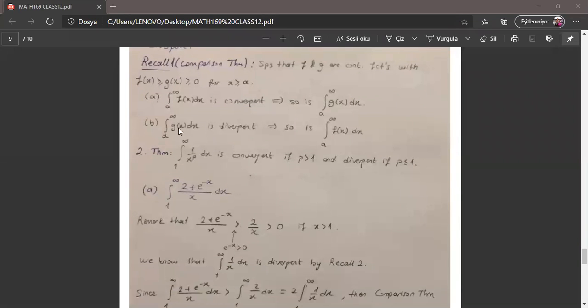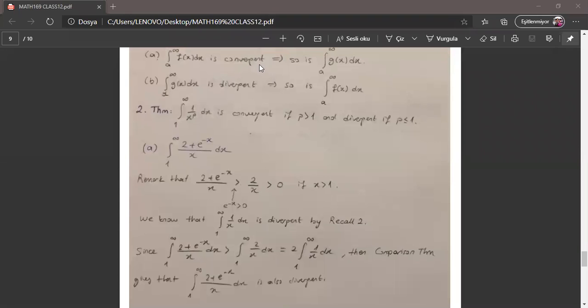Now we have another theorem which says this. If you're given this integral, and if p is greater than 1, then this integral is convergent. Otherwise, it's divergent. We will use that too by comparison.